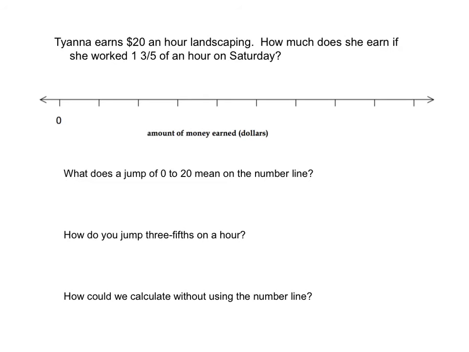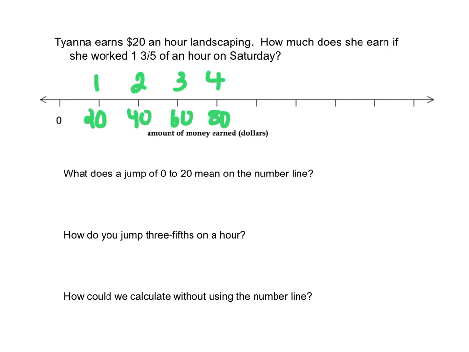If we start with the number line, since $20 is how much she makes, I'm going to set that as my interval. So we have 20, 40, 60, 80, and so on. I'm not going to go any further than that because she only worked 1 3/5 hours. So this would be 1 hour, 2 hours, 3 hours, 4 hours.